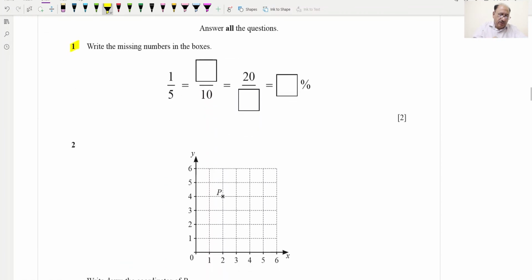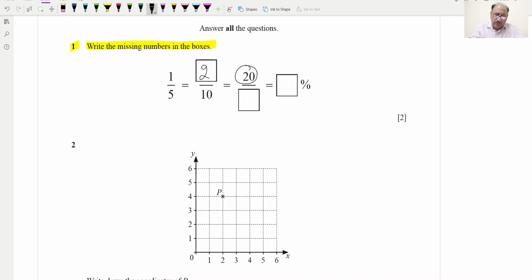So question number 1, write the missing numbers in the boxes. We need to find the equivalent fraction of 1 over 5. 5 is being multiplied by 2 to get 10, so 1 will be multiplied by 2 and we get 2.